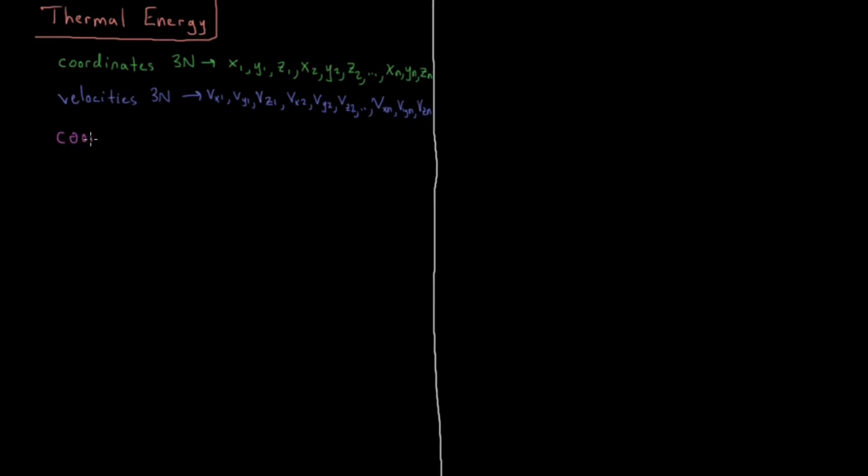So our coordinates are going to give us our potential energy, our PE. Then our velocities are going to give us our kinetic energy, so the energy of where we are in space and the energy of how fast we're moving. And then kinetic energy plus potential energy gives us our total energy.